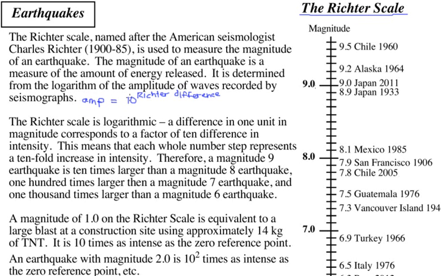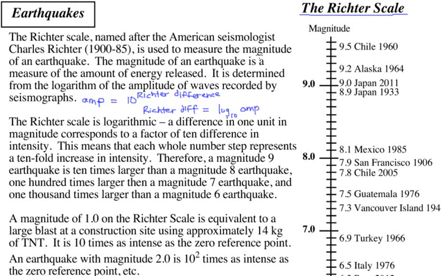The flip side of this, if you write this in logarithmic form, is that the Richter difference between two earthquakes is the base 10 logarithm of the amplitude difference.